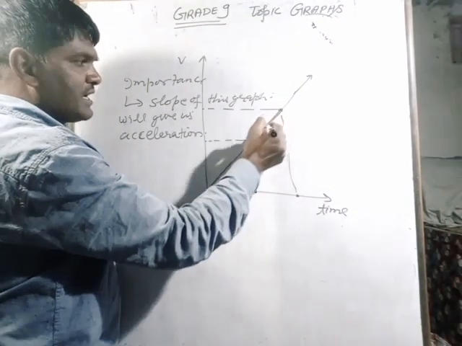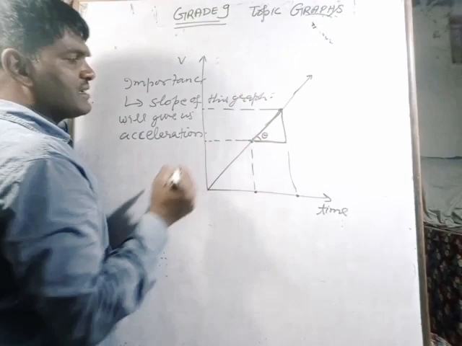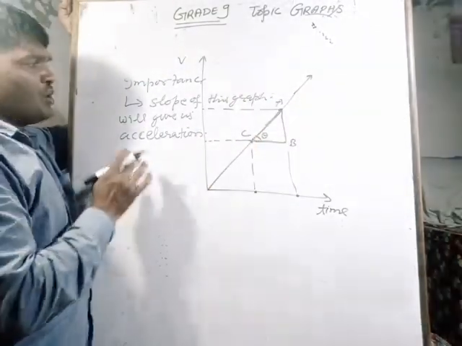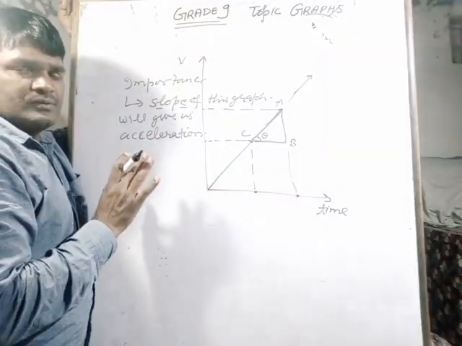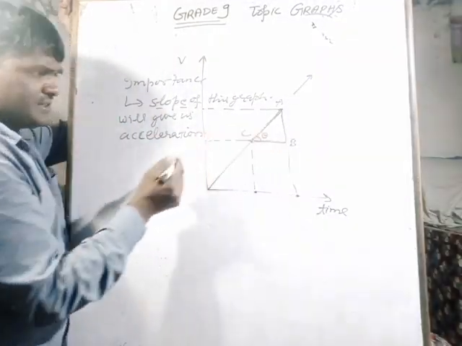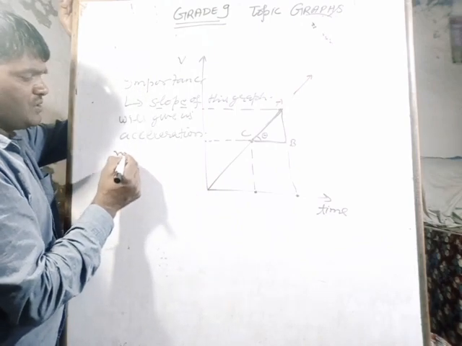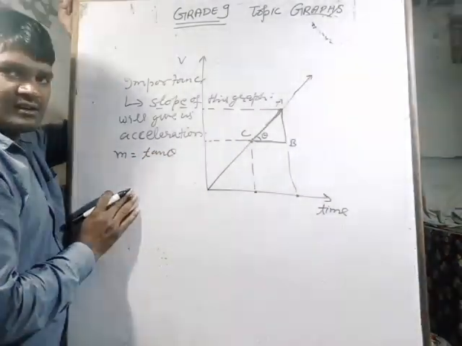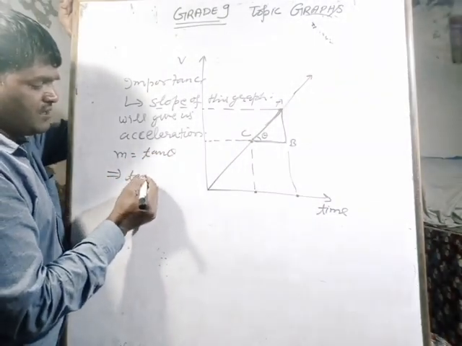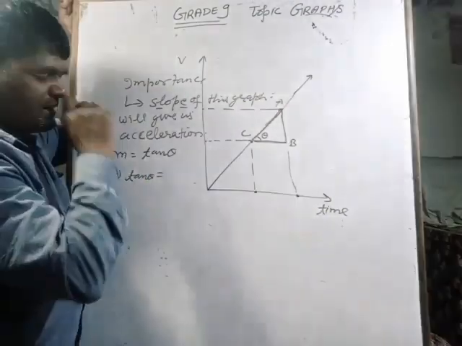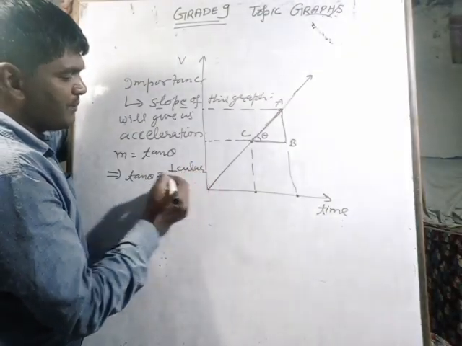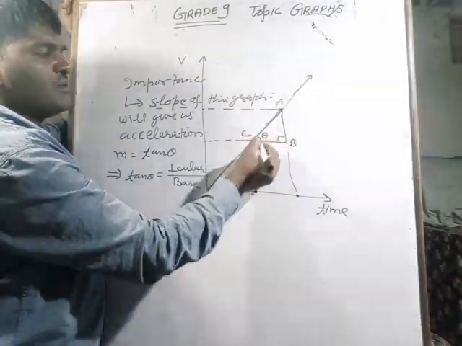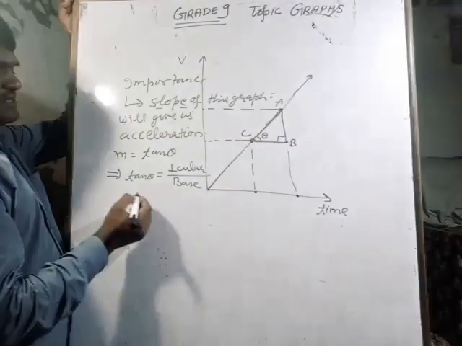To find the slope m, it is tan theta here. And how can we calculate tan theta from a right angle triangle? It is given by perpendicular upon base. So for this triangle, AB is the perpendicular and BC is the base.